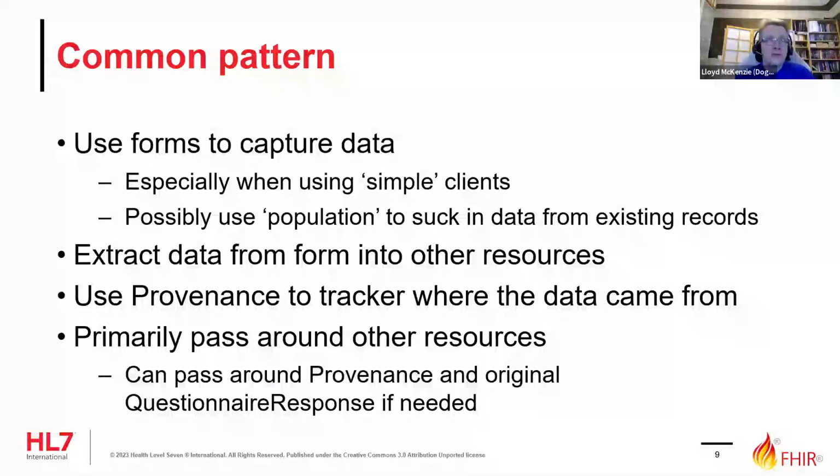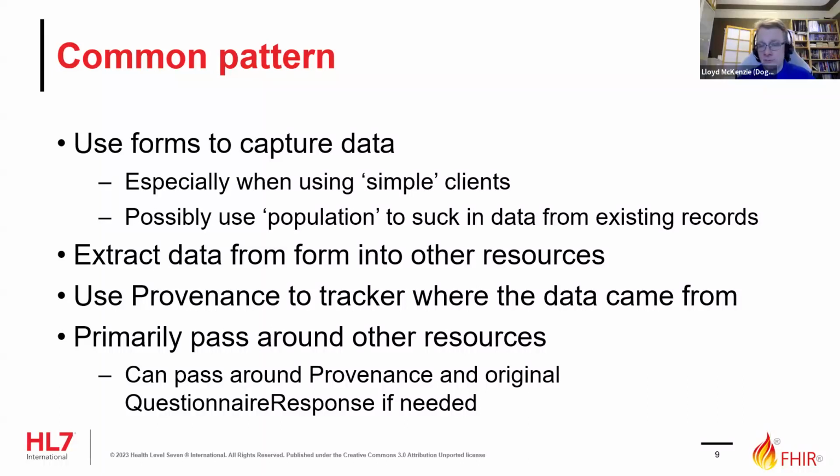And so FHIR also has a provenance resource that lets you tie together the, here's my data in the allergy intolerance or observation or procedure or some other resource, and this is the questionnaire response that it came from. And when you're passing the data around, sometimes you just pass around the allergy intolerances or observations or procedures.